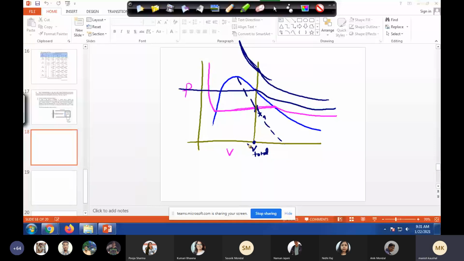Steam quality will increase or decrease? Which will have the major contribution to total volume, VG or VF, at higher temperature? VG, right? So as T increases, VG will make more contribution to V total. It means X will also increase.